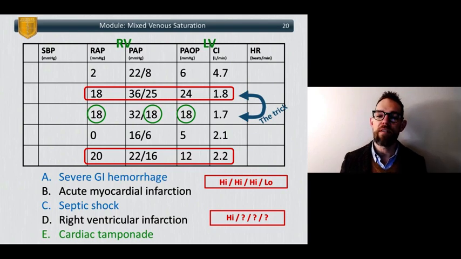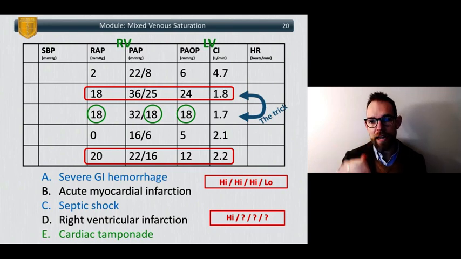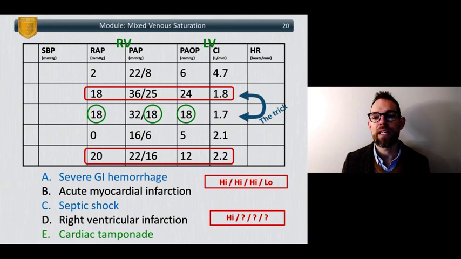So now we are left with answers B and D, and choosing between those 2 answers. Both of them have elevated right atrial pressures. One of them has a normal PA pressure and a normal PA occlusion pressure, and the other one has an elevated right atrial pressure, an elevated PA pressure, and an elevated PA occlusion pressure.